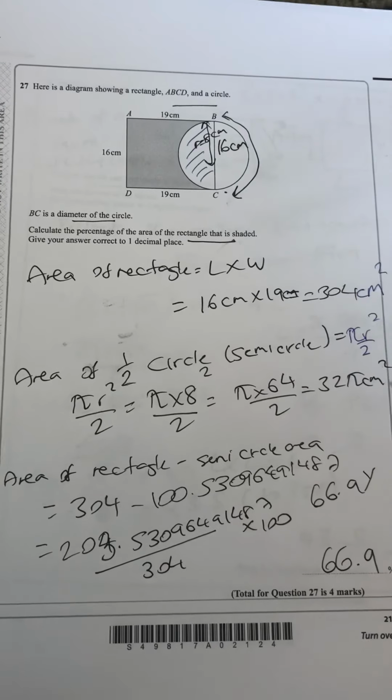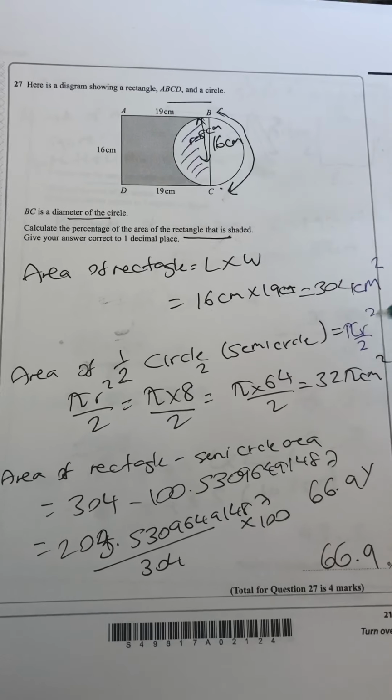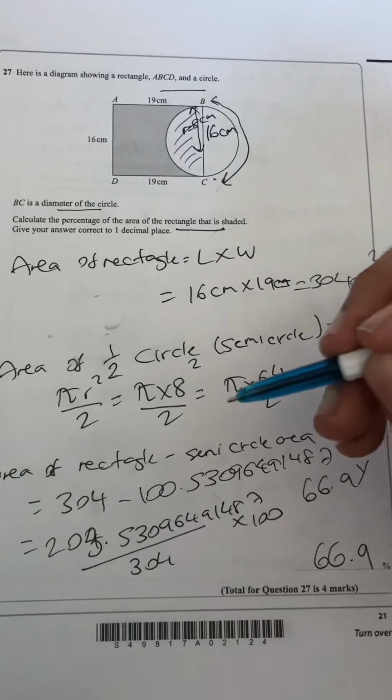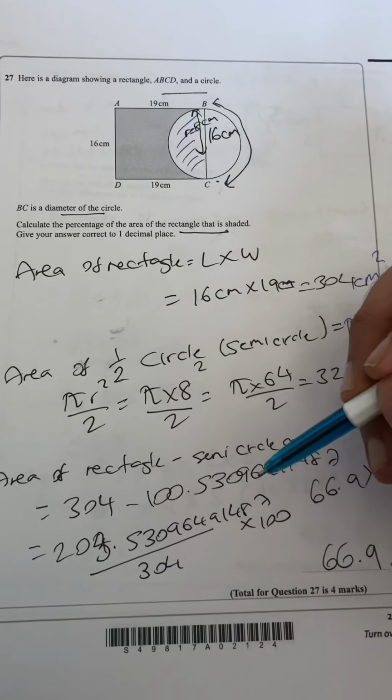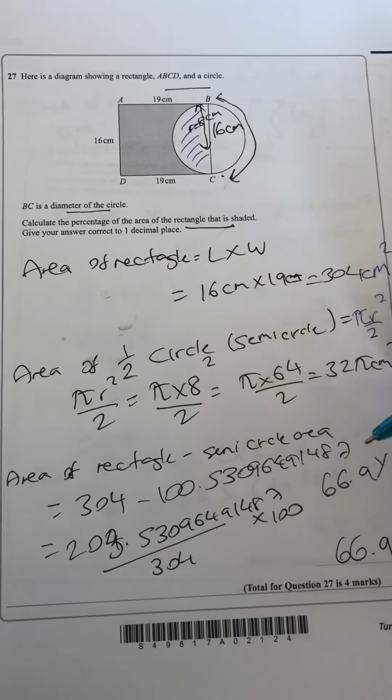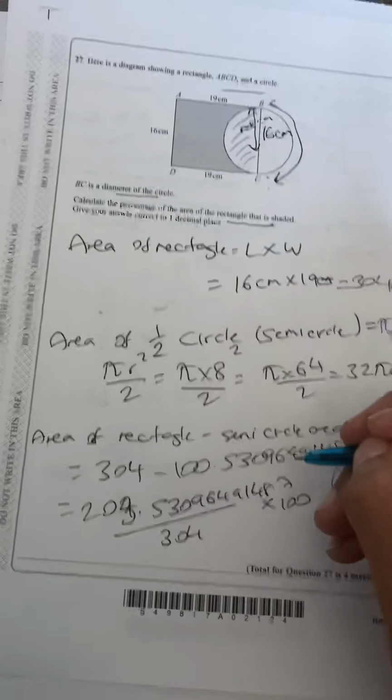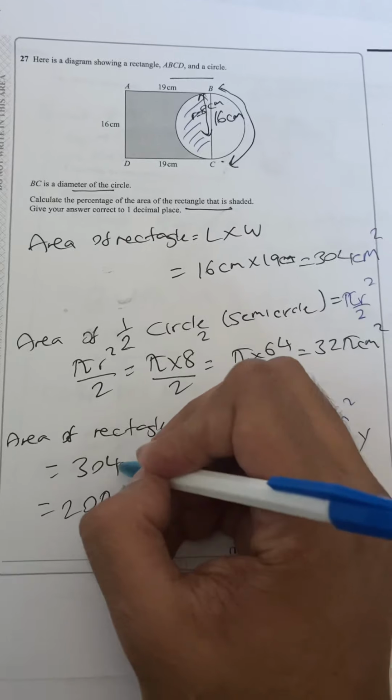So the area of the semicircle is 32 pi centimeters squared, which is 100.5309649158 centimeters squared.